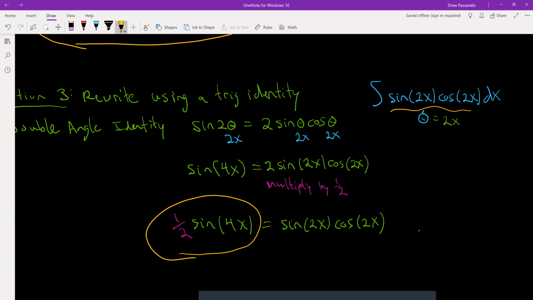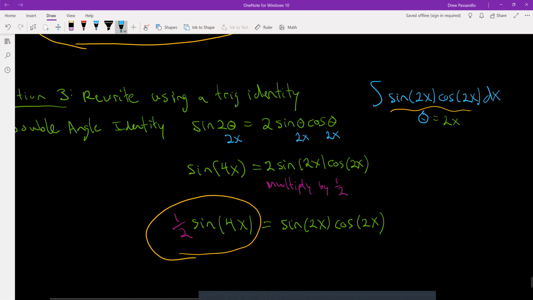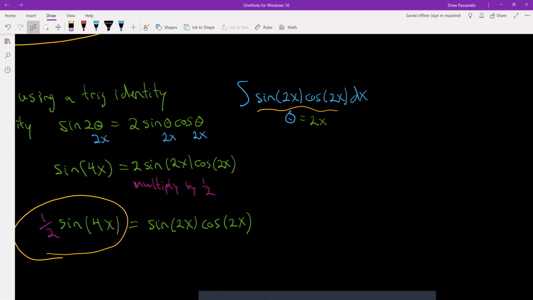So that would make the problem turn into the integral of 1/2 sine of 4x dx.